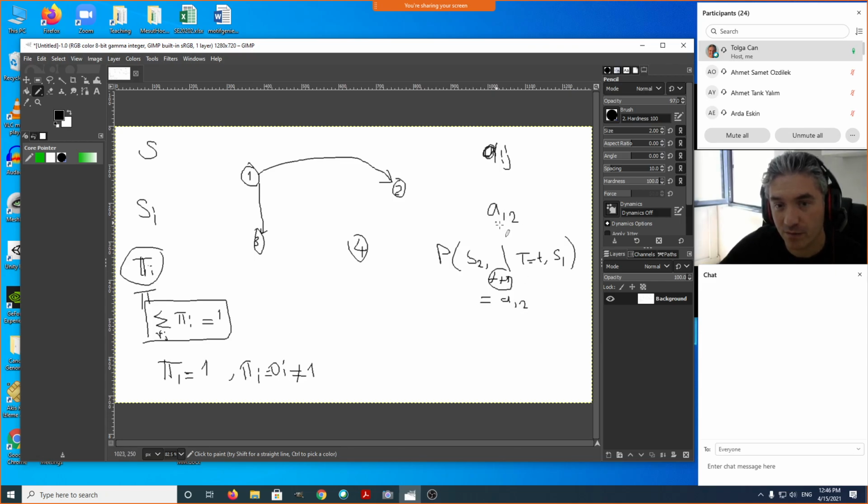So, given that you are currently in state 1, what is the probability that you will be in state 2 in the next time step? This is what this probability gives.